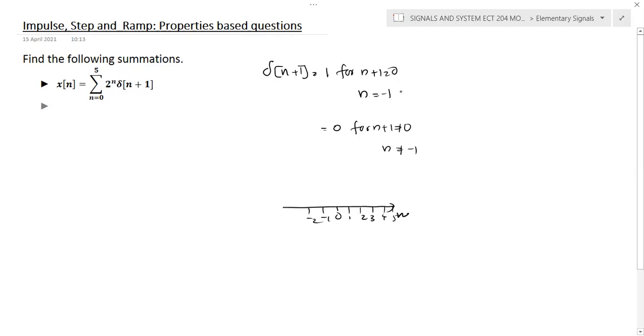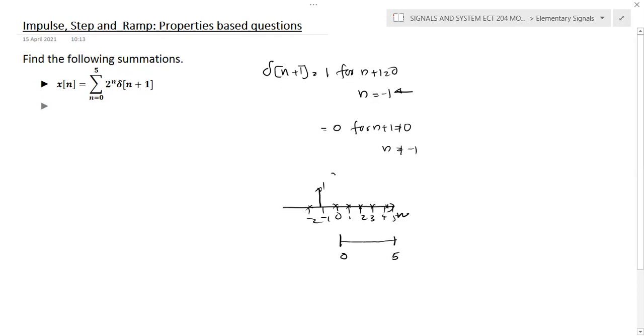And the signal exists at n is equal to minus 1. So at n is equal to minus 1, the function magnitude is 1, and for all other values, it's 0. And if you closely observe, the summation is from n is equal to 0 to 5. We need to evaluate n from 0 to 5.